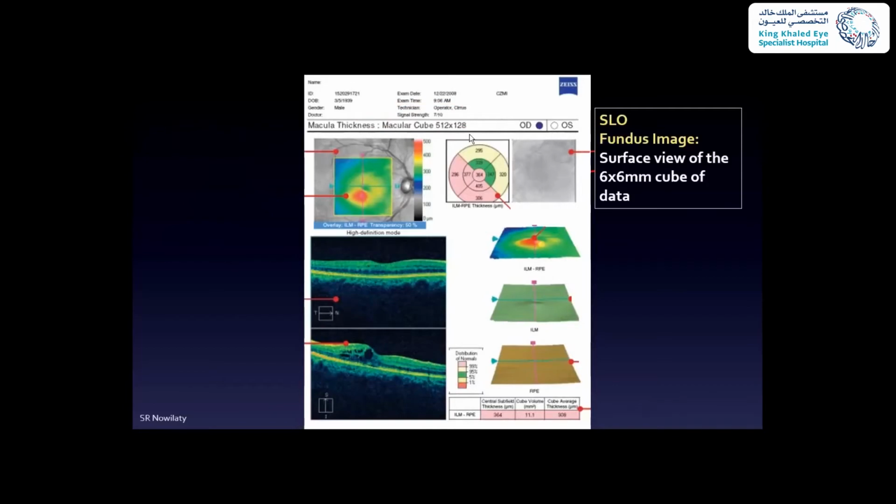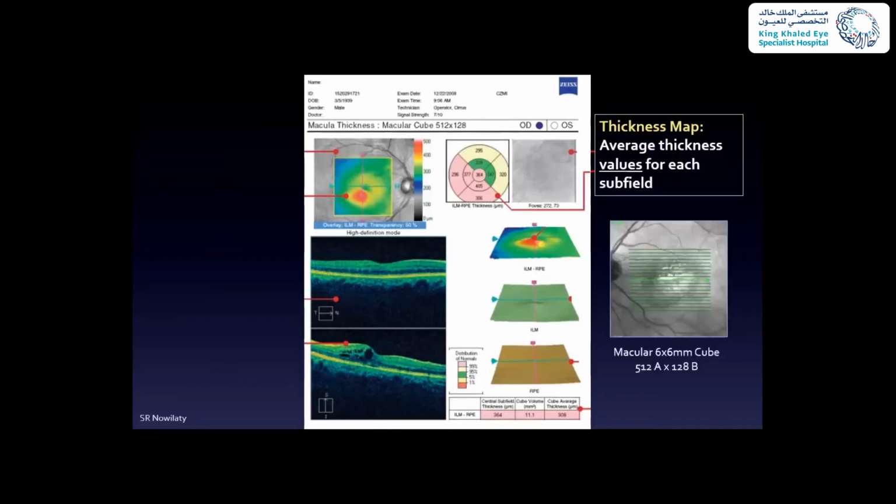Then you look at the SLO, the fundus image. This is the scanning laser ophthalmoscope computer-generated image of the surface of the retina that delimits for you the 6 by 6 millimeter cube in which you did the raster volume scan. Therefore, it requires that you do a volume scan.